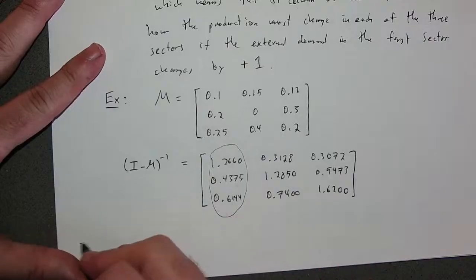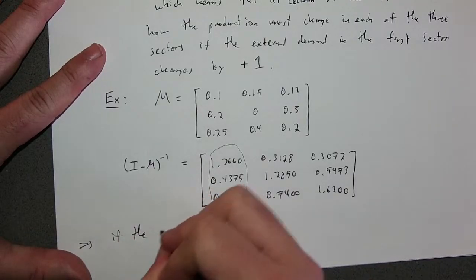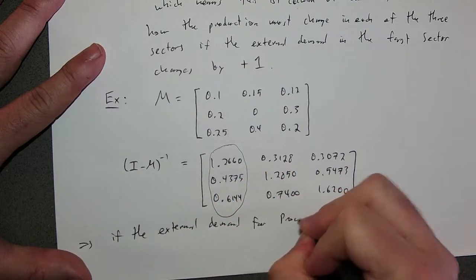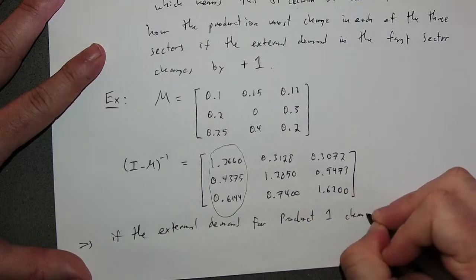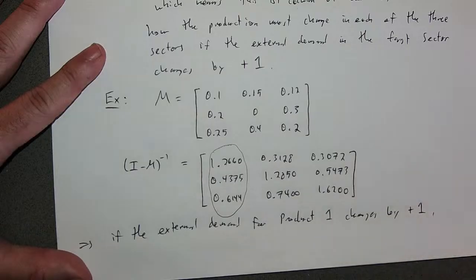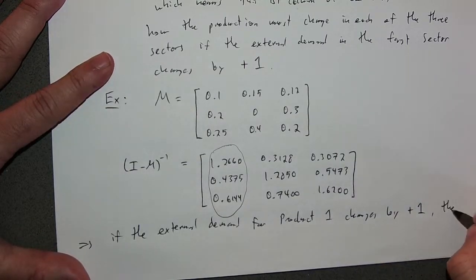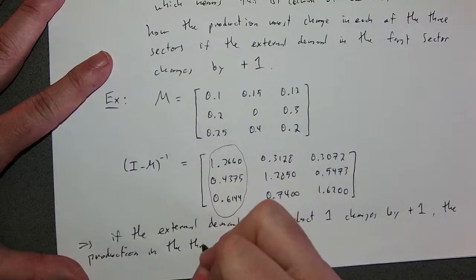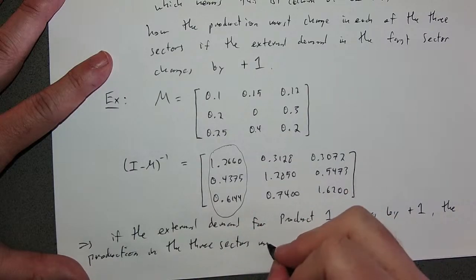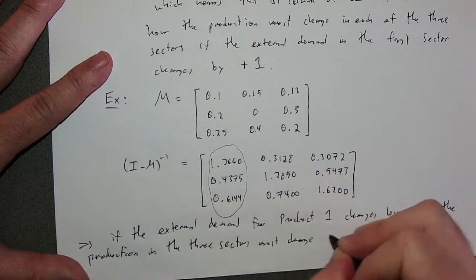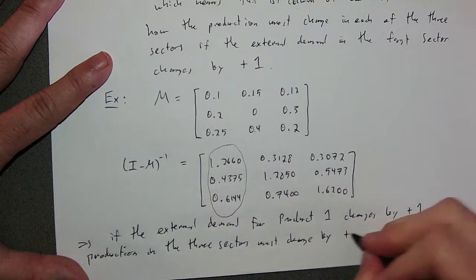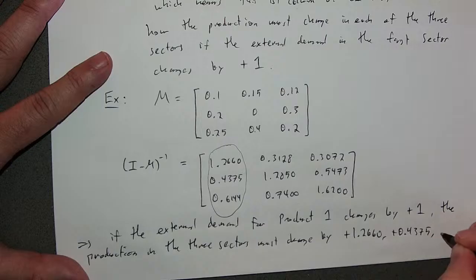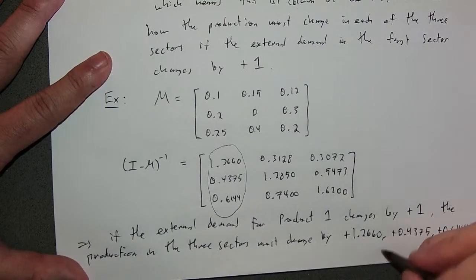So what this means is that if the external demand for product 1 changes by +1, the production in the 3 sectors must change by these entries, plus 1.2660, plus 0.4375, and plus 0.6144, respectively.